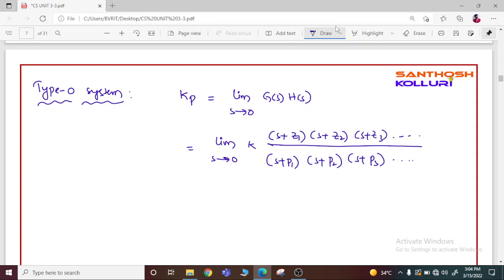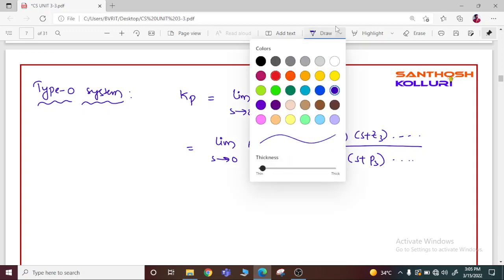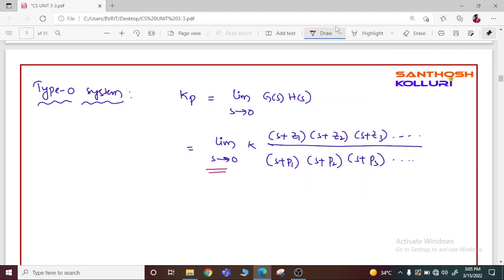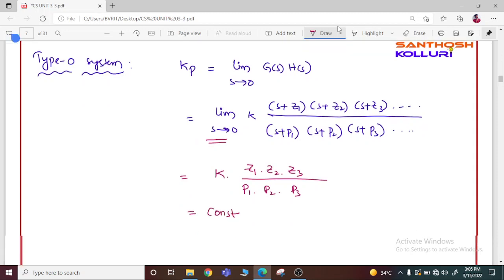When s tends to 0, this can be written as K into z1, z2, z3 divided by p1, p2, p3, which is nothing but a constant.